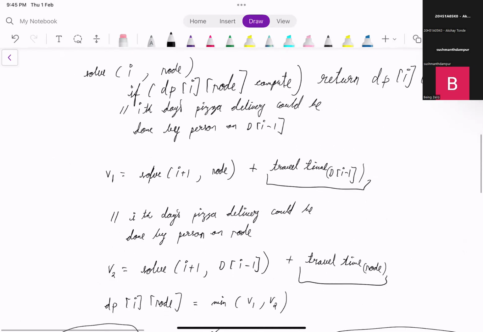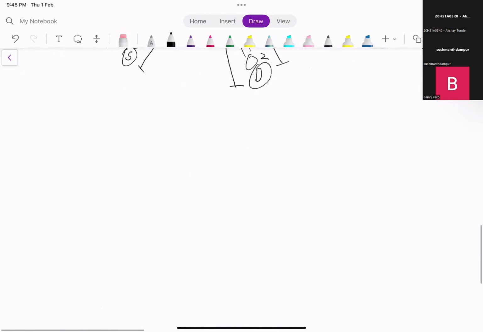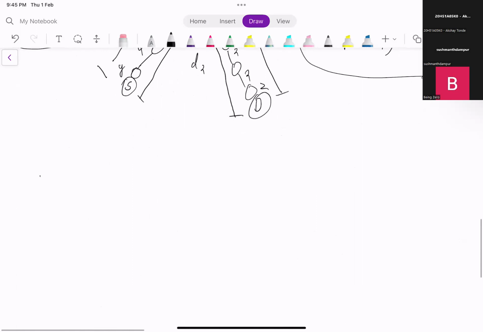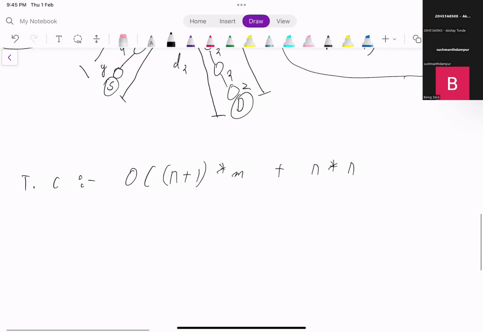So what will be the time complexity of this approach? It is big O of n plus 1 into m, plus n into n, because we'll be doing a DFS to pre-compute distance.